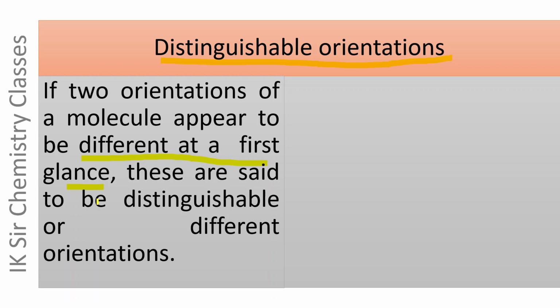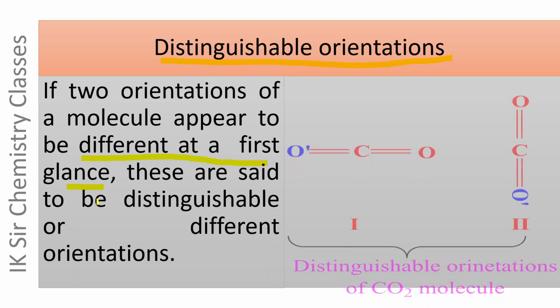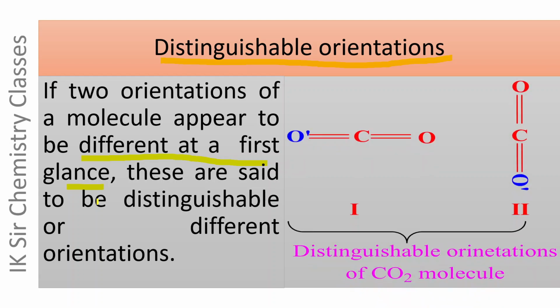Let us illustrate it taking an example of CO2 molecule. There are two orientations of CO2 molecule given here, 1 and 2. In orientation 1, CO2 molecule is in the horizontal position.